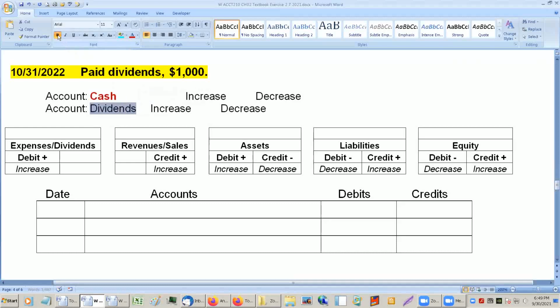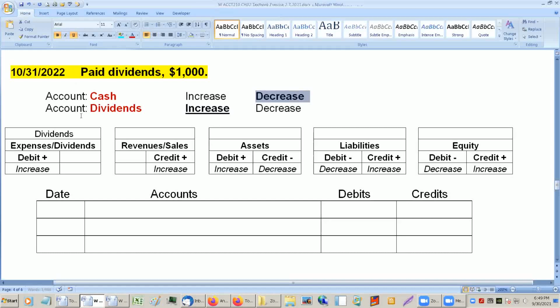Dividends. Now, dividends are also similar. Well, I shouldn't say it this way. Dividends, even though they're lumped together, they're actually always increasing the way we have it shown here. But I know why you said that, and there is a way.